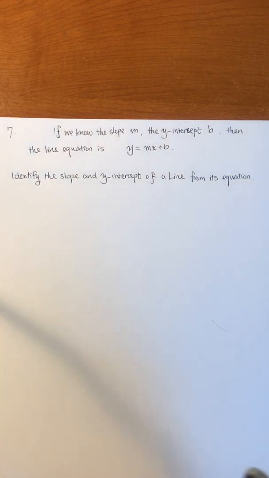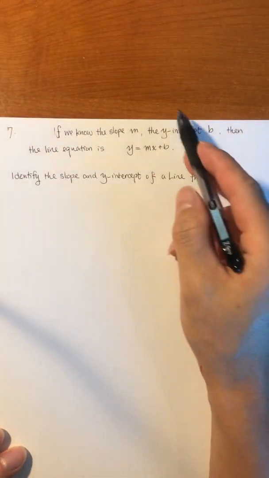Basically we will have an equation, and then we're going to say what is the slope, what is the y-intercept. This is the title of the seventh part.